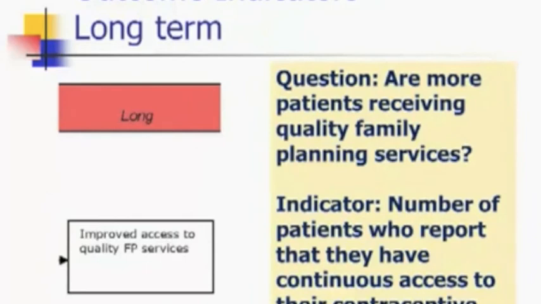Let's take a look at long-term outcomes. We're looking at improved access to quality family planning services. A question that I might ask is, are more patients receiving quality family planning services? And the indicator might be the number of patients who report that they have continuous access to their contraceptive choice.